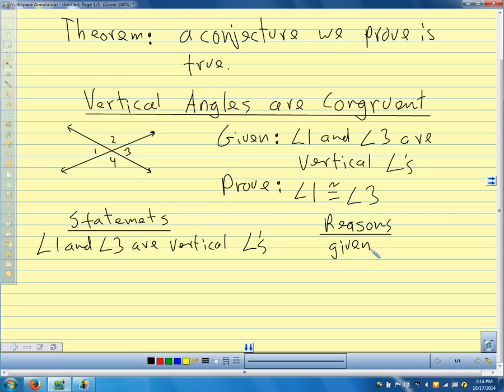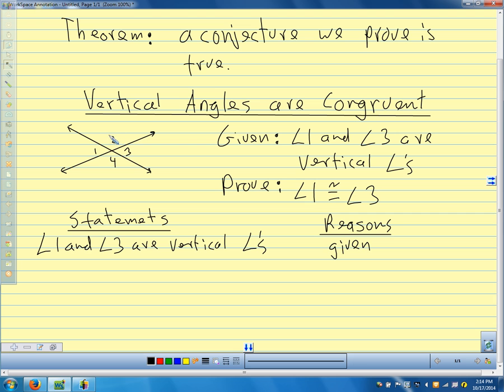Now we want to use things that we already know to try to get to this piece that we're trying to prove. So let's look at angle 1 and angle 2. Our proof has to do with angle 1. What do we know about those two angles?